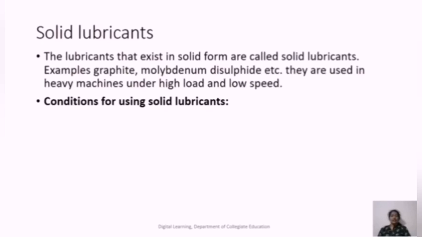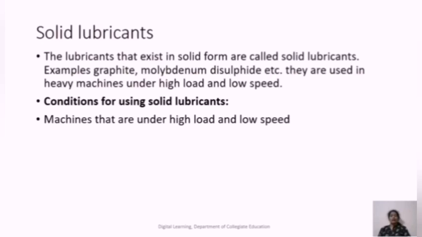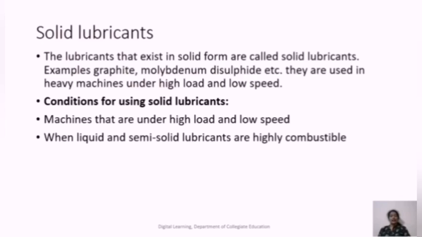They are used in heavy machines under high load and low speed. So what are all the conditions where these solid lubricants are used? Machines that are under high load and low speed, so these solid lubricants are used.